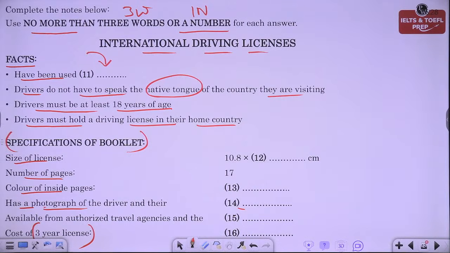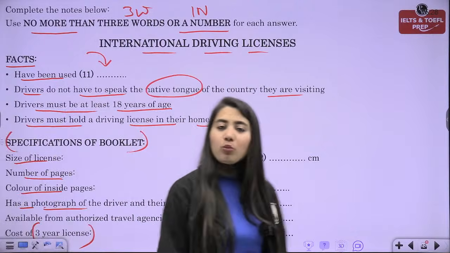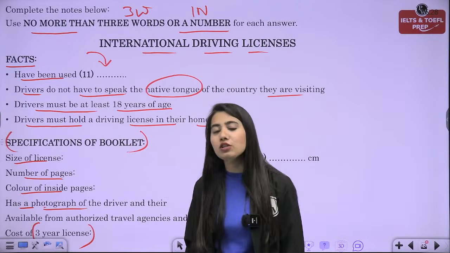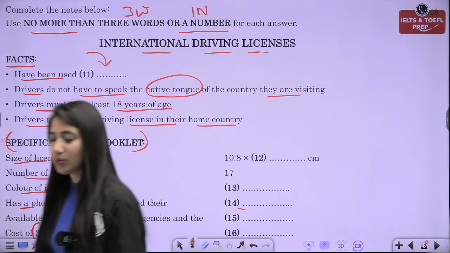Now I'm going to be playing the audio. Kindly guys start marking your answers. कोई भी problem होता है in between of the audio, you can write here in the chat box. Fine. All the best.